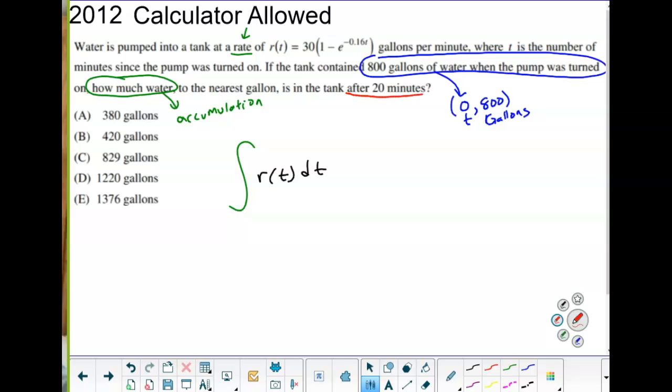Okay, so after 20 minutes, which tells me I start at 0 and I go to 20. Now, what's the one thing that I didn't do? I didn't include the start. And we knew that there's 800 gallons at the start. So if this was a free response question and you're allowed to use your calculator, this is the only thing you need to show. And then it's, what's the answer?